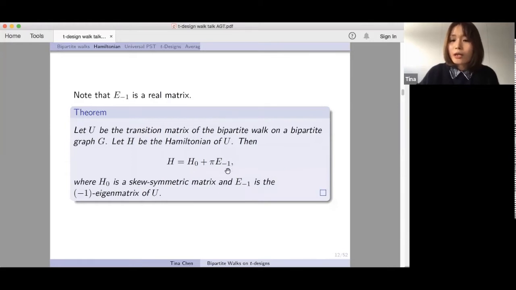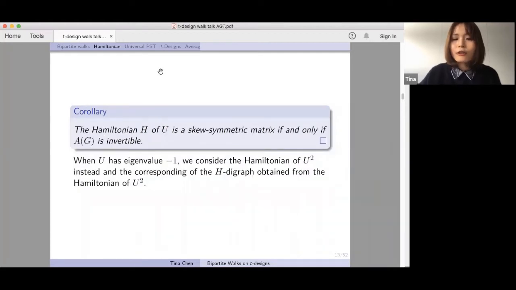Because E minus 1 is real, if we want the Hamiltonian to be skew symmetric, we want the minus 1 eigenspace of U to have dimension 0. So we can eliminate this real matrix. And then I can show that the Hamiltonian of our bipartite walk is skew symmetric if and only if the adjacency matrix of the bipartite graph is invertible.